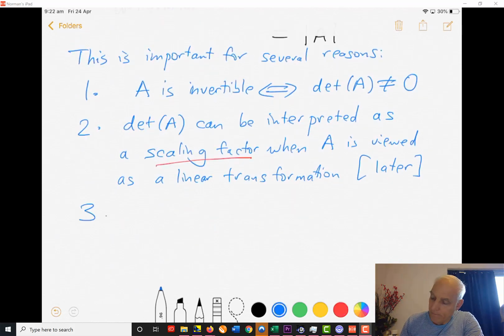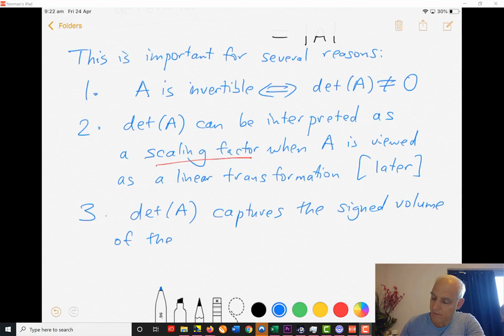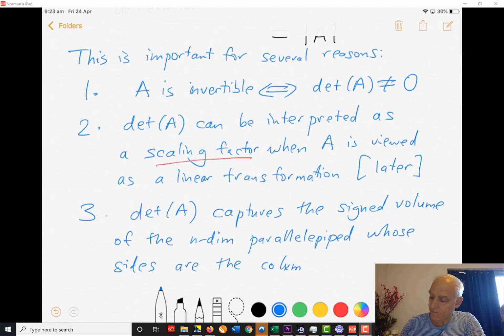And a third important reason, which is connected with this second one, is that the determinant of A captures the signed volume of the n-dimensional parallelepiped, okay, whose sides are, say, the columns of A. So in other words, the determinant has something to do with signed volumes.